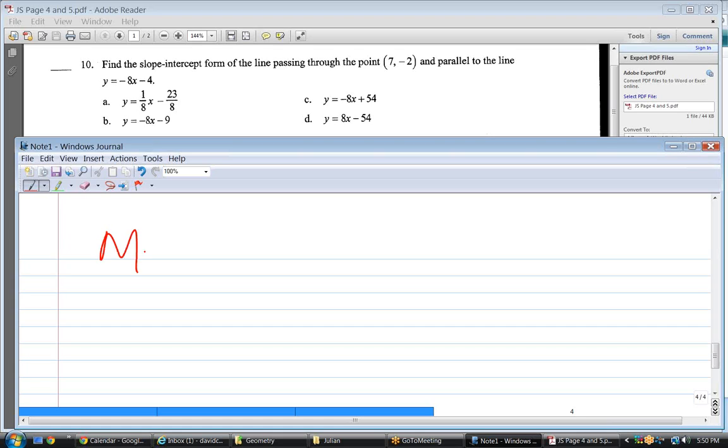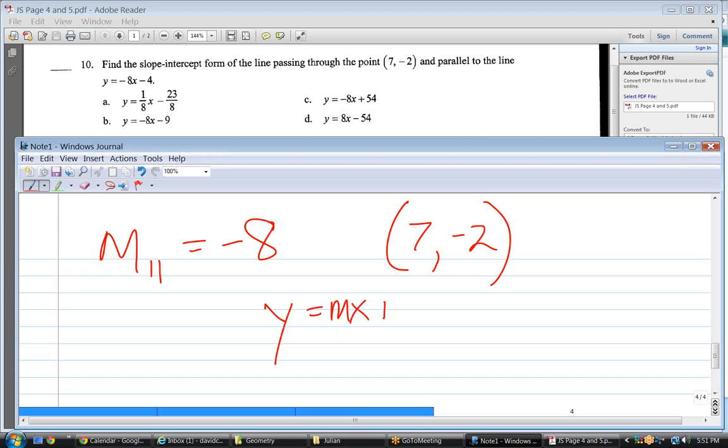So the slope of the line that's parallel to this one is -8, and it passes through this point. So how do I figure out what the equation of that line is? You gotta plug it into whatever that equation's called. Y equals mx plus b.